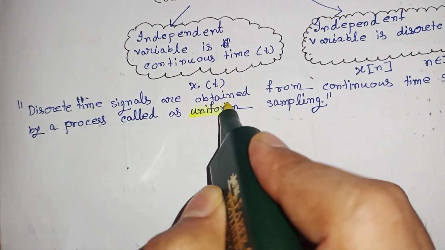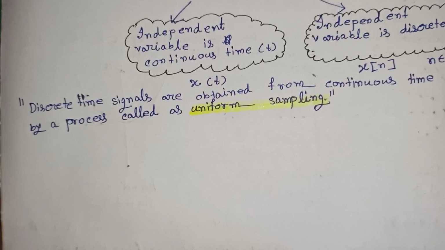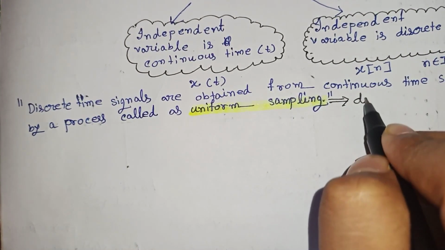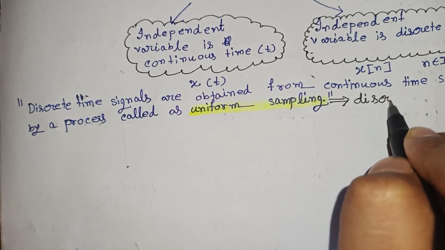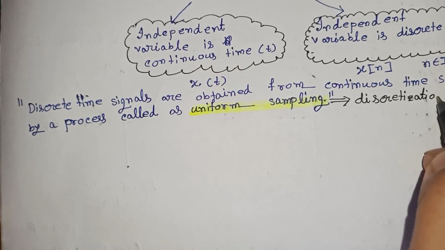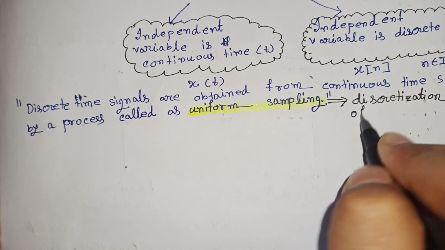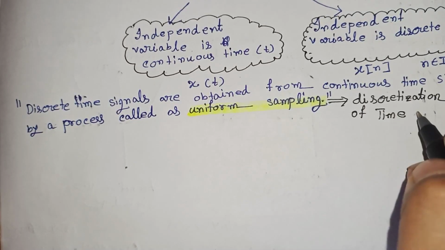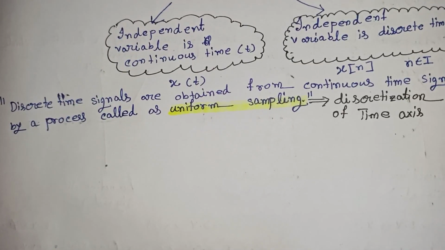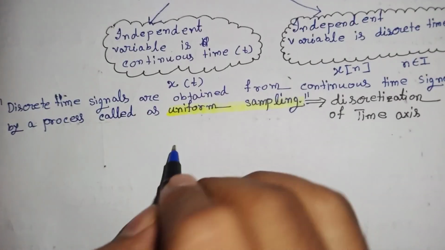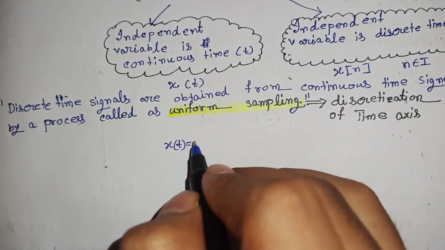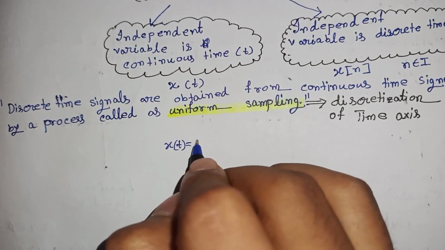What is the name of the process? It is uniform sampling. And what is this? It is discretization of time axis. It is important. So let's see how a continuous time signal is discretized by uniform sampling.